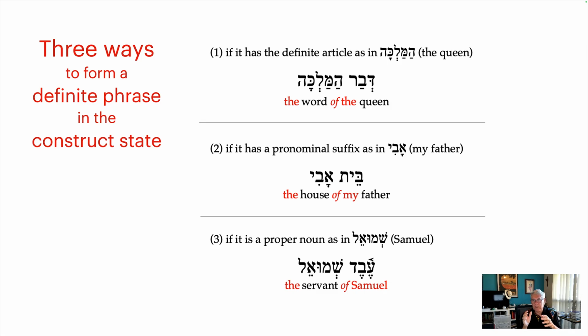So if you've got Avi, which means my father, then Beit Avi becomes the house of my father, because it's a specific house. It's the house which belongs to my father, that house, if you like. And the other way is if the final noun is a proper noun, somebody's name, like the word Shmuel, Samuel, then Eved Shmuel becomes the servant of Samuel, because Samuel is a specific person. So all of those three ways will make the construct phrase definite.